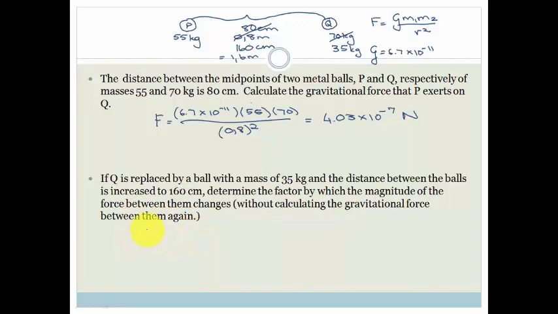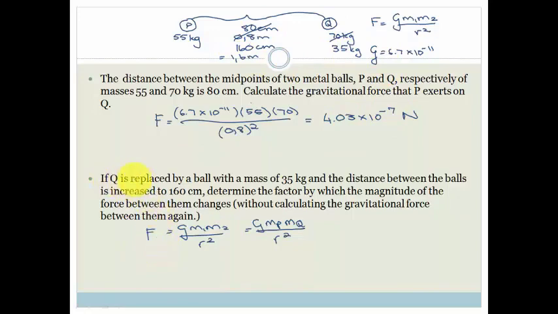Okay, so in other words, we know that the original F was G m1 m2 over r squared. I'm going to change that to G mass of P mass of Q over r squared, and we know that that is 4.03 times 10 to the minus 7 because we've just worked it out for the original.